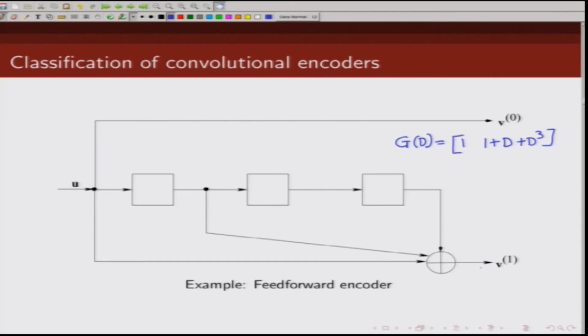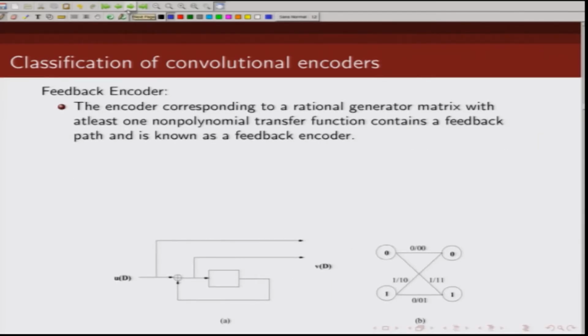Now, let us look at what we mean by feedback encoder. As opposed to a feed forward encoder, the feedback encoder has a rational generator matrix.